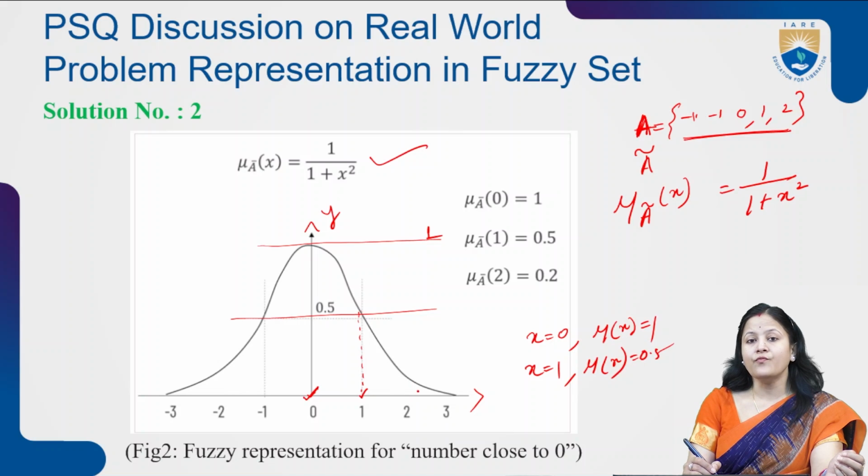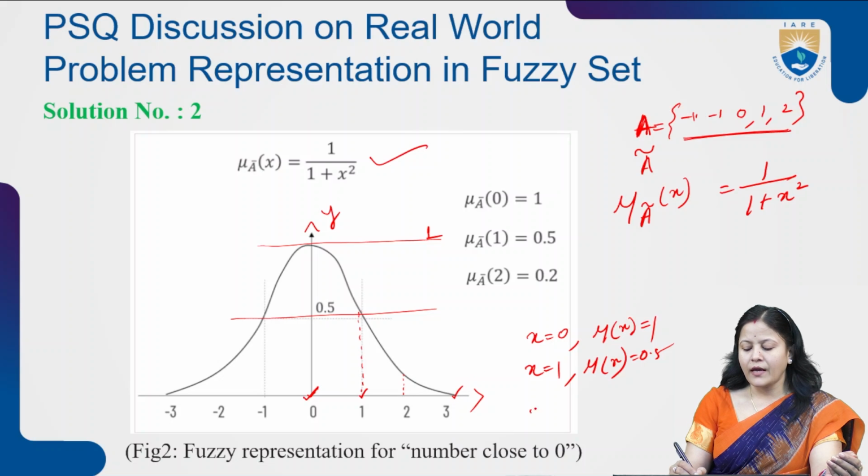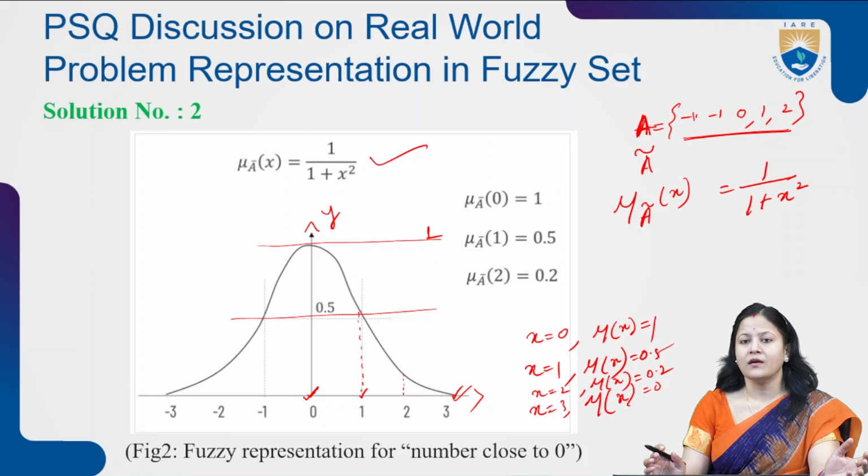Same thing if you move forward from 1, then 2 and then 3. You can observe in this graph, at the point 3, when x is equal to 3, mu of x is equal to 0. The membership value is closer to 0, almost equal to 0. Same thing, if you take x equal to 2, then mu of x will be like 0.2 or 0.1 something.